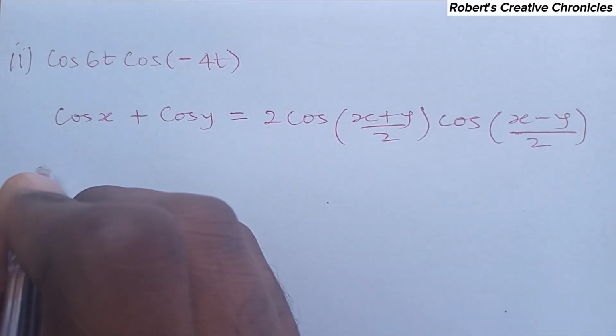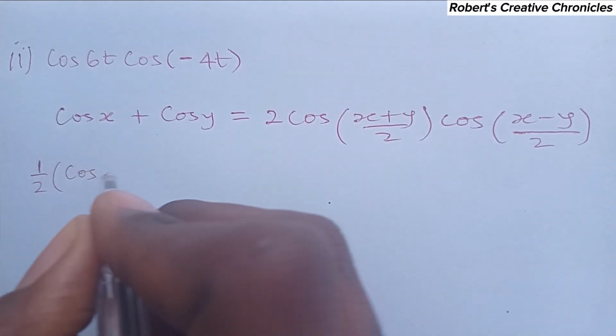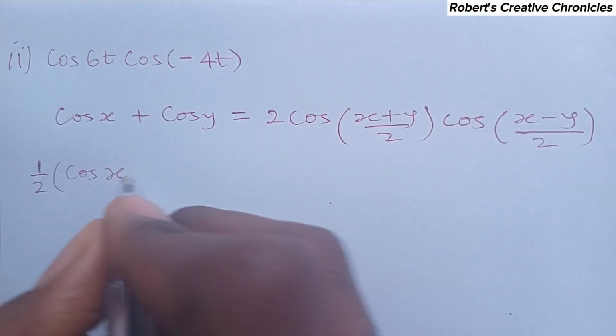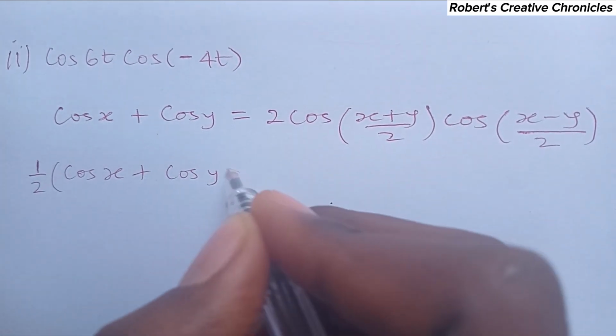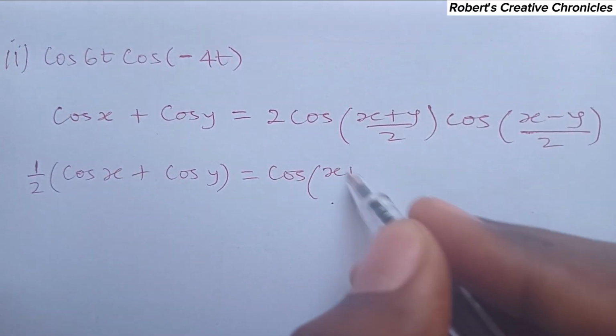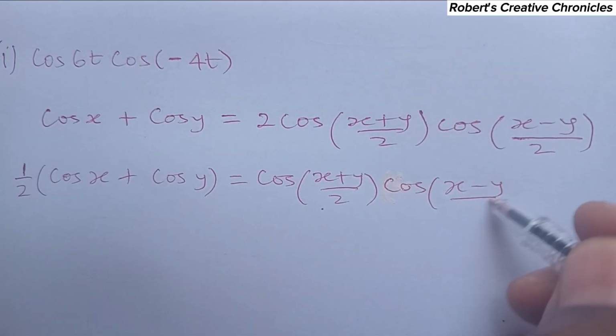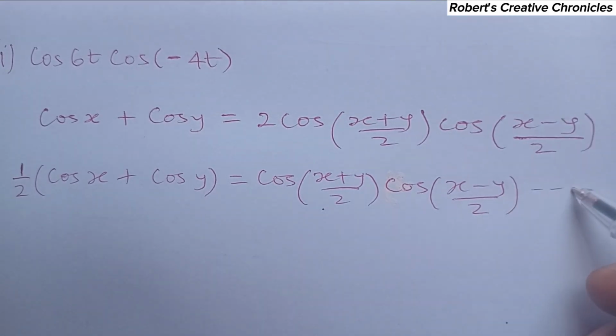This becomes 1 over 2 (cos x plus cos y) equals cos (x plus y)/2 cos (x minus y)/2. So this is equation 1.